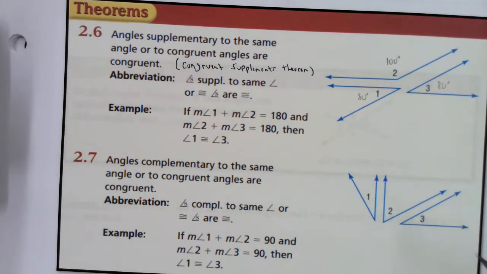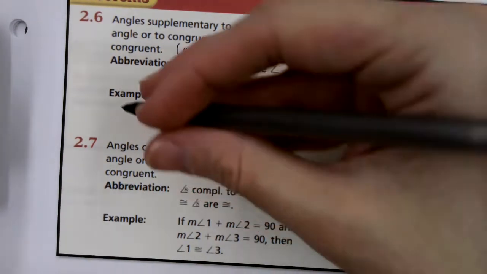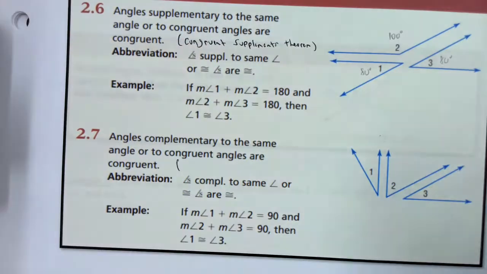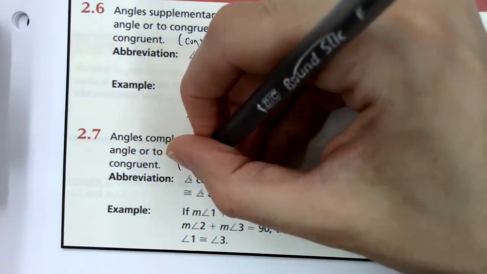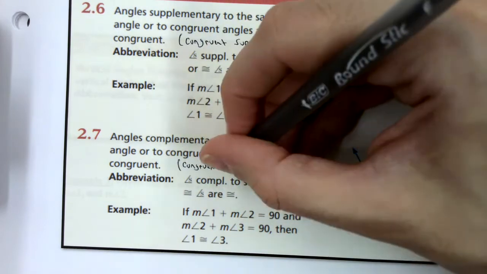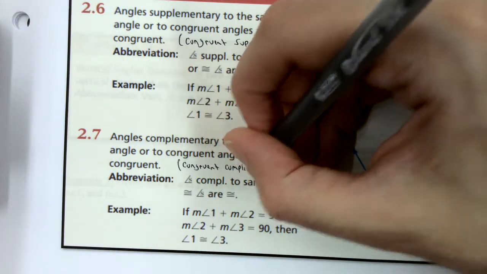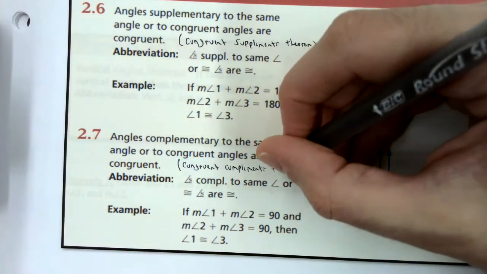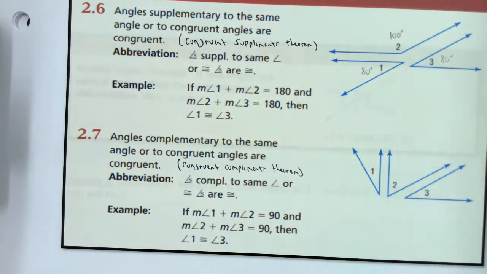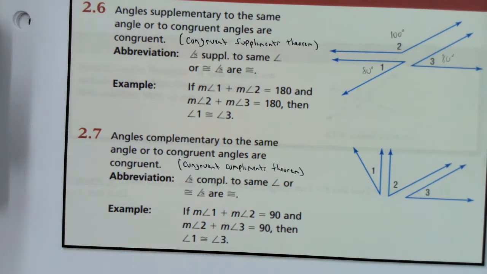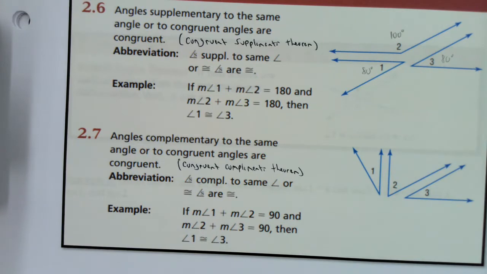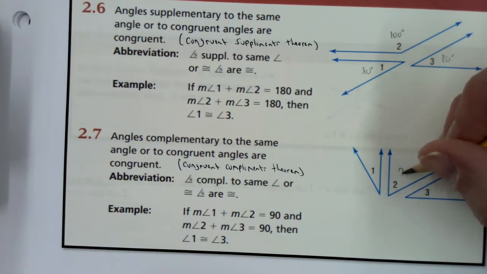Same thing with right angles. So this is called the Congruent Complements Theorem. I called it that on Classroom. Let's just pretend that angle 2 is 70 degrees.